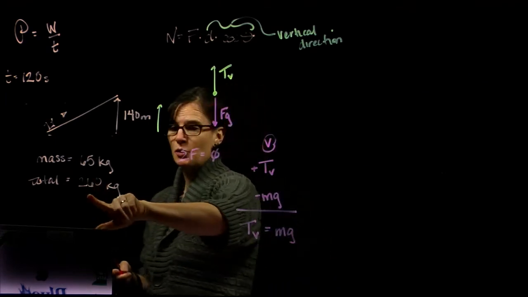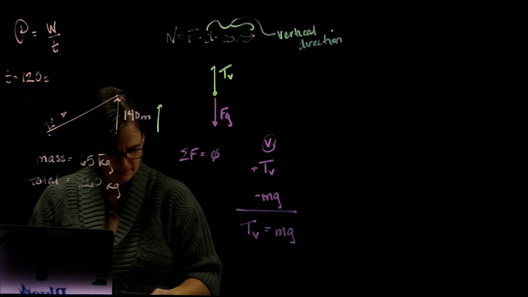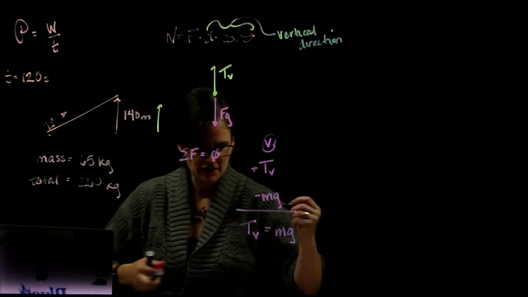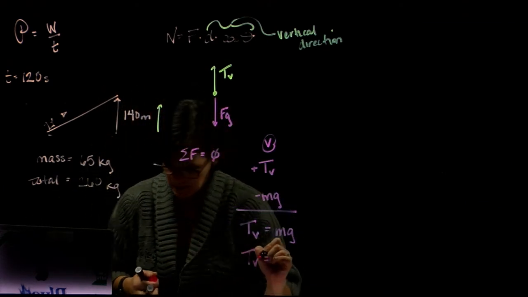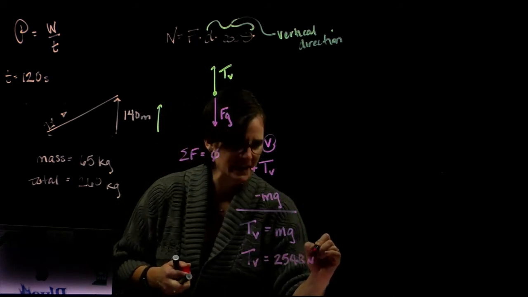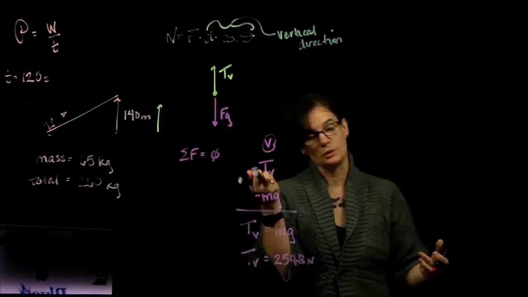Now our mass in total is 260 kilograms. So the vertical component of the tension has to equal 2,548 newtons. And it's that vertical component that's doing the work.